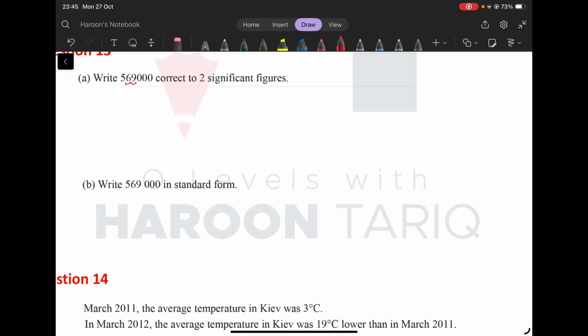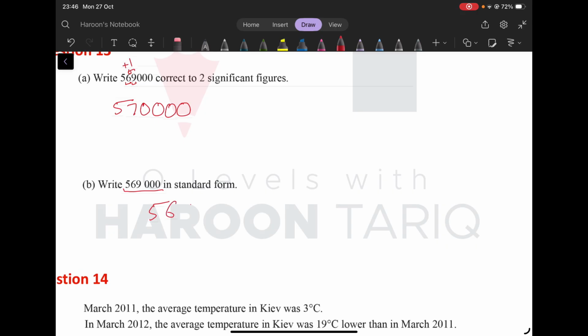I'll have a look at the next significant figure, which is 9. If it is 5 or greater than 5, I add 1 to the previous digit. So this is greater than 5, so I'll be adding 1 to the previous digit, which was 6, so it becomes 7. So 5, 7, and I replace all the numbers before decimal with 0. So this 9 has to be replaced by 0, and we have 3 zeros already at the end, so this would be the answer.